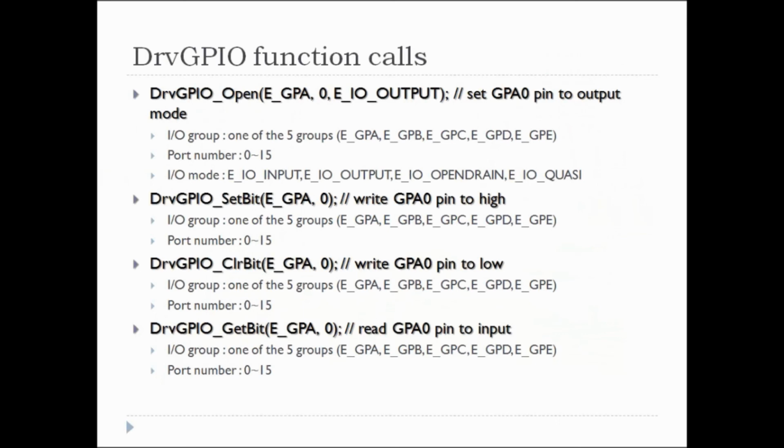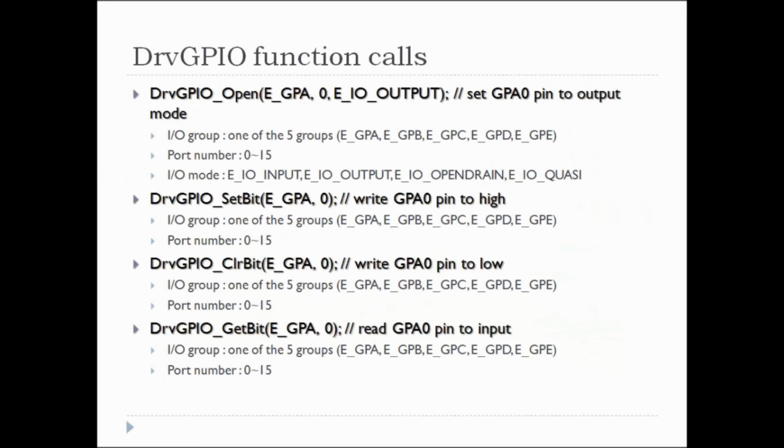One is the IO group, one of the 5 groups: E_GPA to enable GPIO port A, E_GPB to enable GPIO port B, E_GPC to enable GPIO port C, E_GPD to enable GPIO port D, and E_GPE to enable GPIO port E. The next is the port number, 0 to 15.